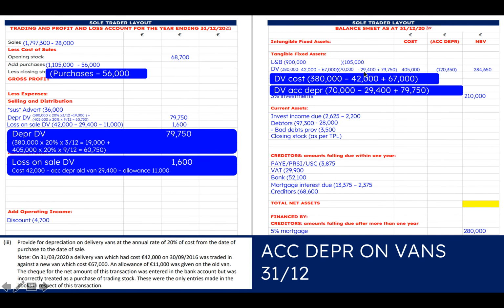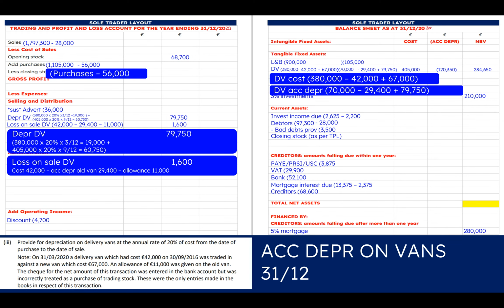Then we take away the accumulated depreciation on the old sold van, as there's no need to record that depreciation when we no longer own that asset. Then we add the depreciation for the current year. That is in total 120,350. Note that we've got 3 figures in the cost bracket and 3 figures in the accumulated depreciation bracket. You need to have 3 and 3 if they have sold a van and bought a van.